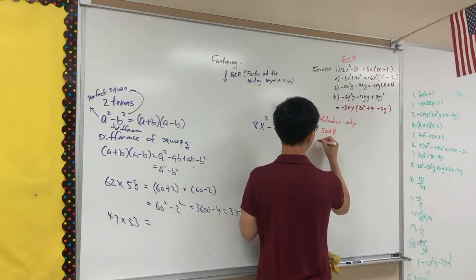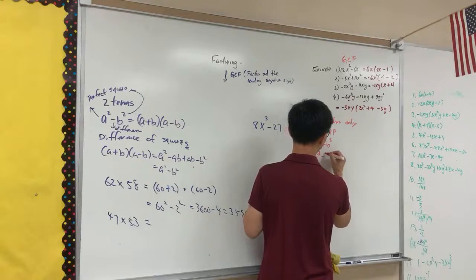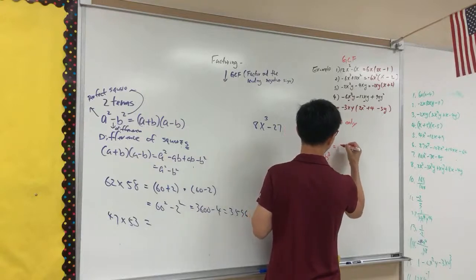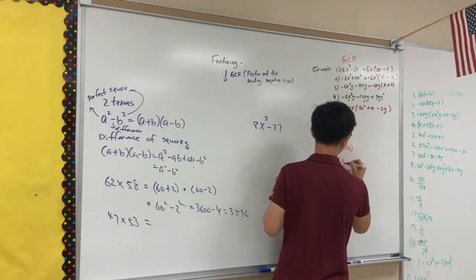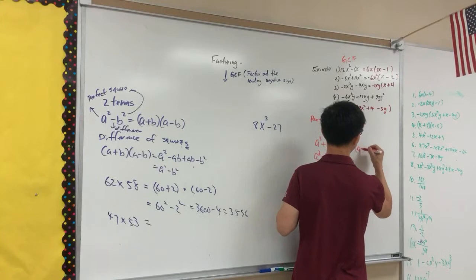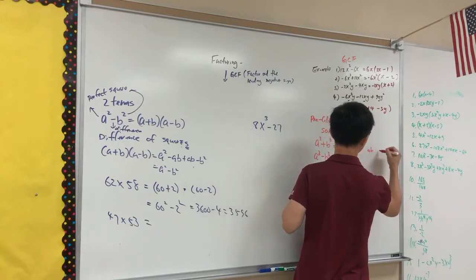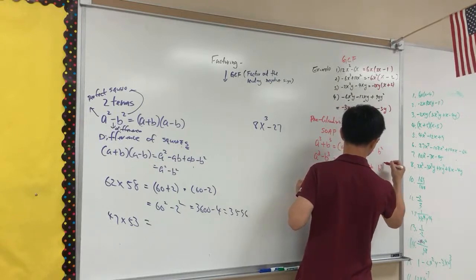So what happened is you got a to the cube plus b to the cube, and you got a to the cube minus b to the cube. That's equal to a plus b, a minus b, times a squared, ab, b squared.